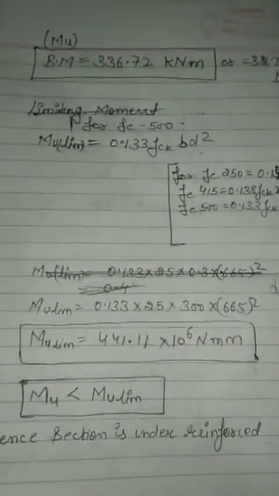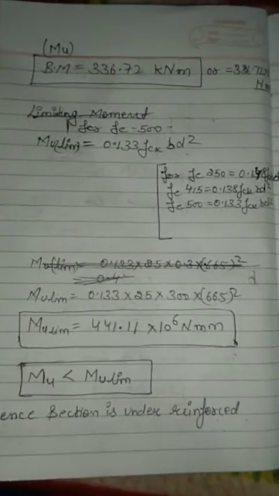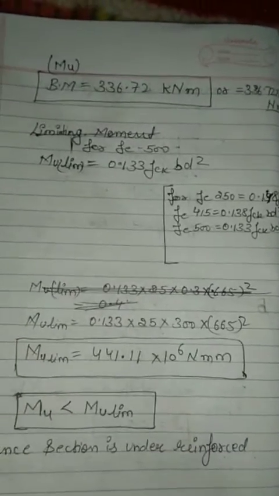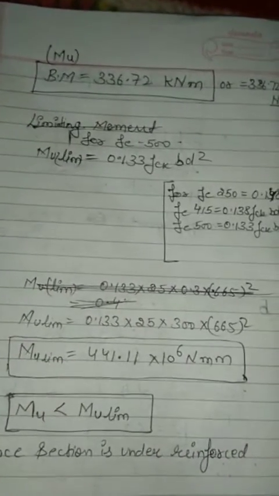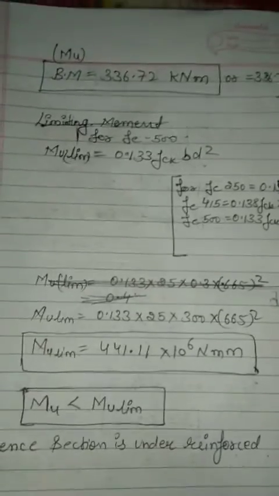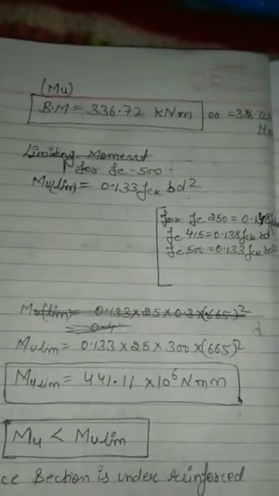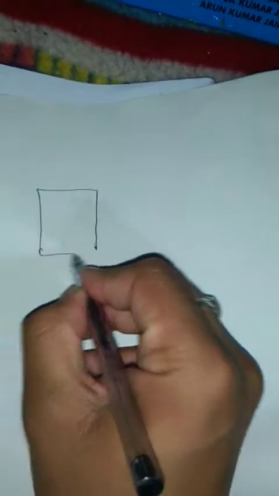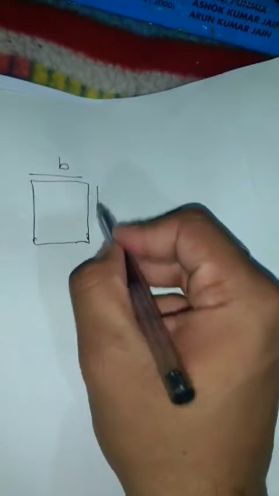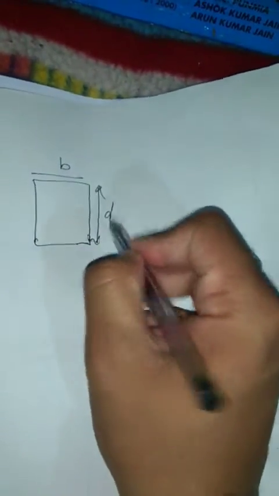Now here comes the third step. We need to calculate the limiting moment for the beam section. So what is the limiting moment? I'll explain it to you here. If we have a beam section, I'll draw the cross section of this beam. It has some width b and effective depth as small d.